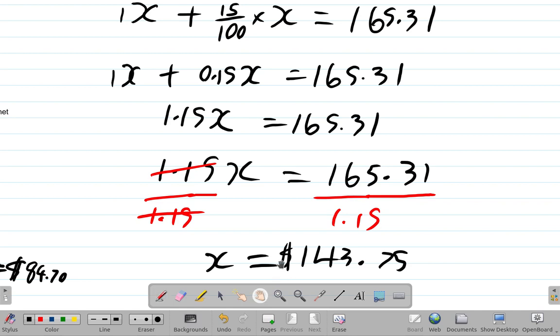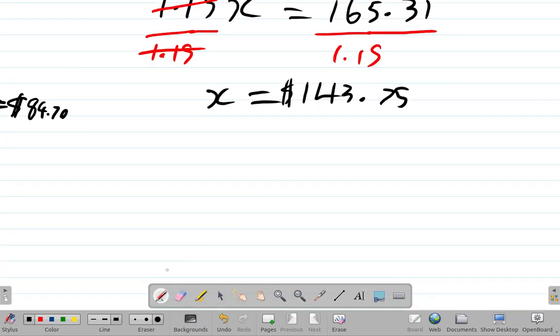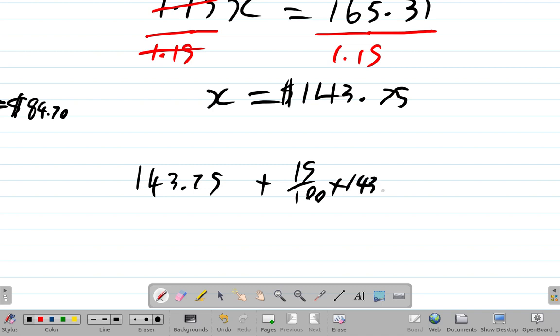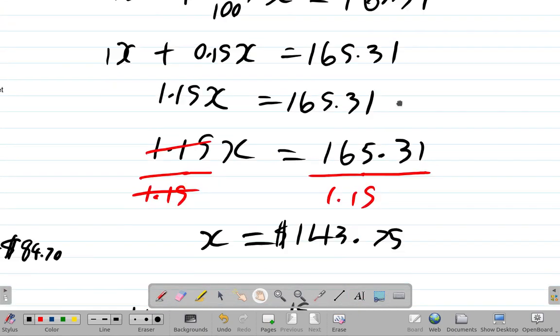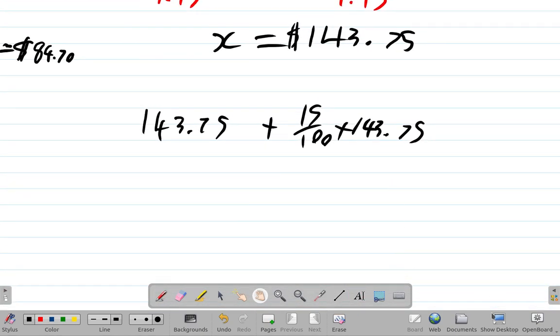And you could test it too. If you say this is the original price, then if you say $143.75 plus 15% of $143.75, then you're supposed to get the 165.31. Does it work out? Let's test it.